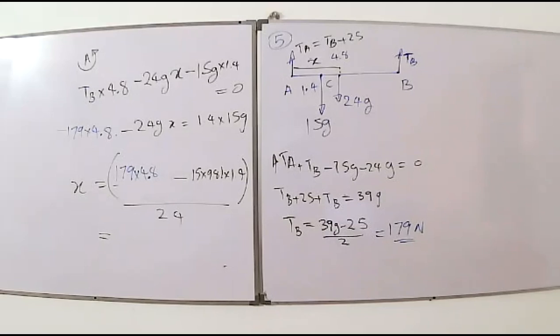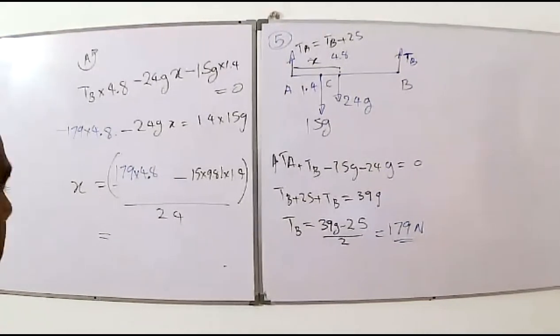I got 27. Is it acceptable? No, we can't have 27. Somewhere again I went wrong. Where did I go wrong?